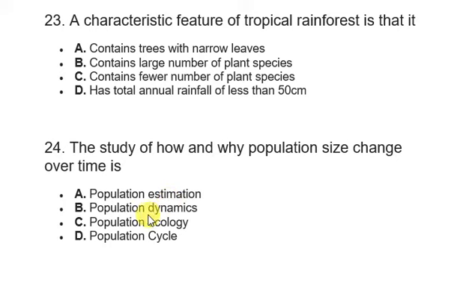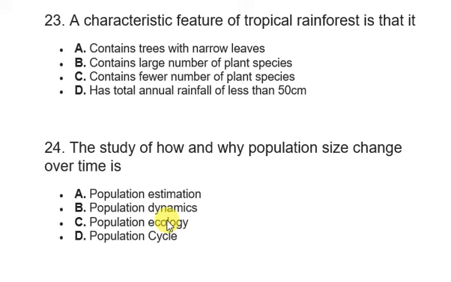So option B, population dynamics. Population dynamics is the study of why and how population size changes over time. So option B is the correct answer. Let's also check out population ecology. Population ecology has to do with the study of the factors that affect population changes. Do you understand?